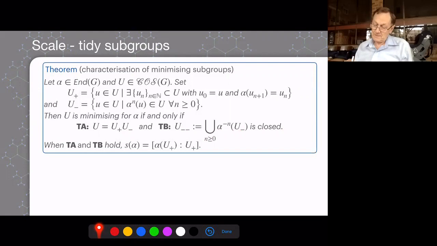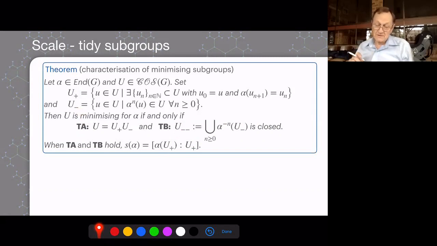And as we increase n here, this is an increasing set of subgroups of G. And so this union is automatically a group, but the condition is that it should be a closed group. And when these two conditions hold, the scale of alpha is just the index of U plus in alpha of U plus. You see, alpha expands U plus and shrinks U minus.